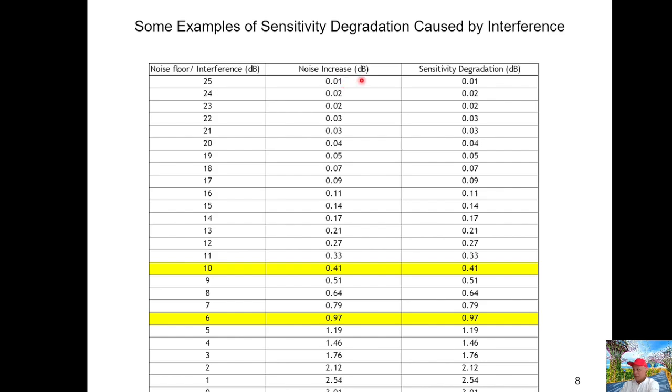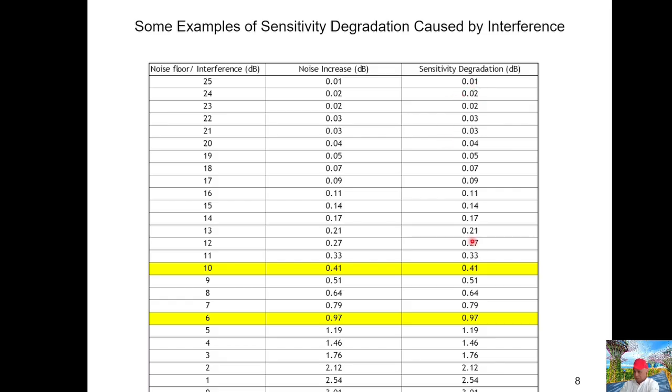For a wireless system, if the noise floor increases a little bit, your sensitivity decreases a little bit. So the sensitivity degradation is 0.01 dB here.